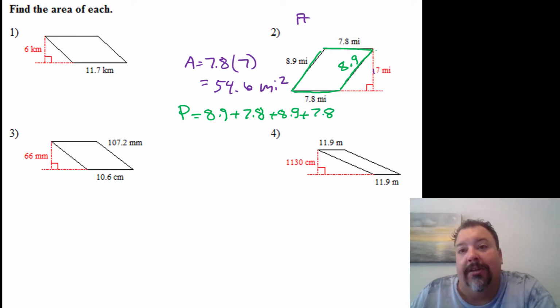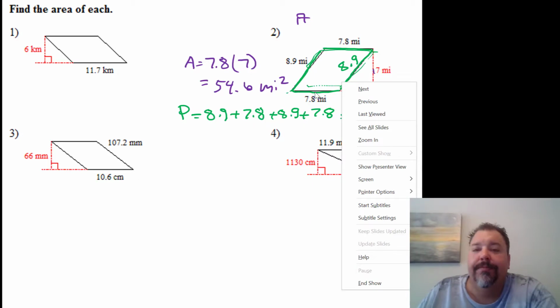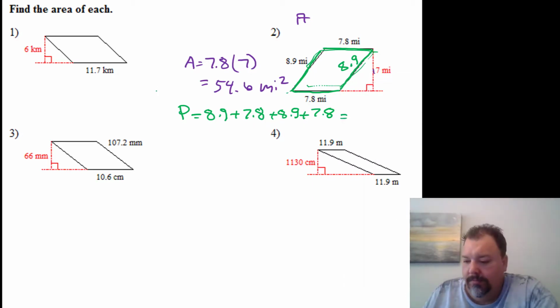Notice that when we're finding the perimeter, we don't use the height. The height is only used when we're finding the area. But for the perimeter, we're adding up this slanted height, this base, this other slant height, and this base. So we go all the way around.